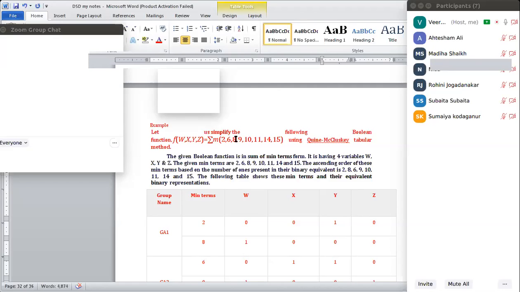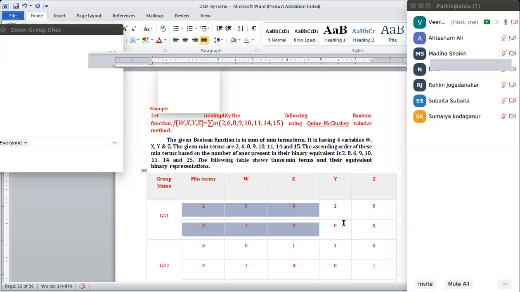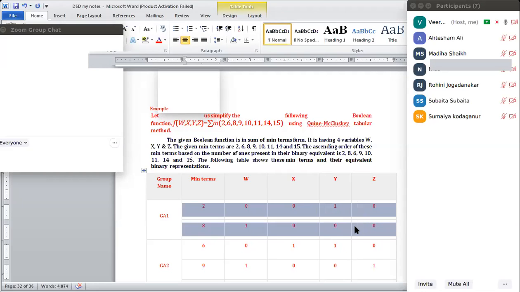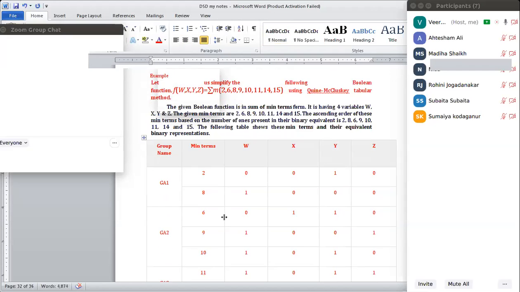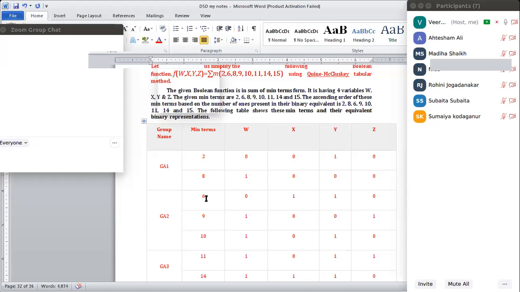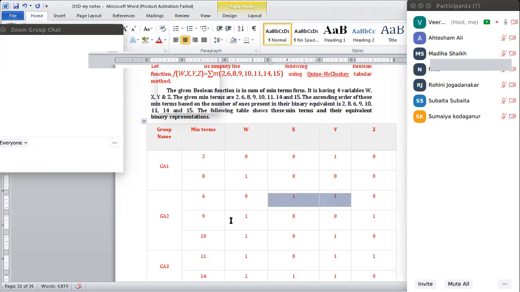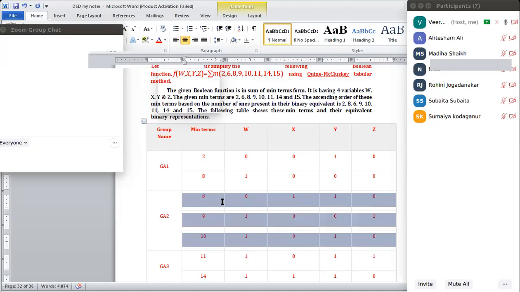But when I go for 8, 8 has a single 1 in its binary form, 1000. So first, 2 and 8 will come first because they have a single one, whereas 6, 9, and 10 have two ones. 6 is 0110, 9 is 1001, 10 is 1010, so all these three minterms have two ones.